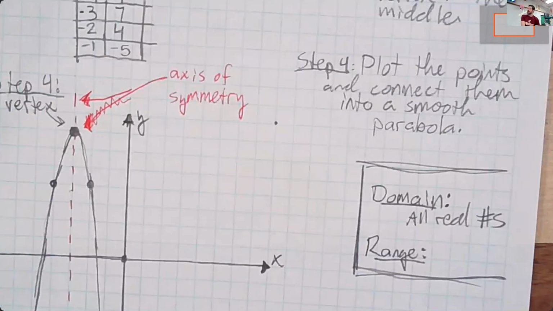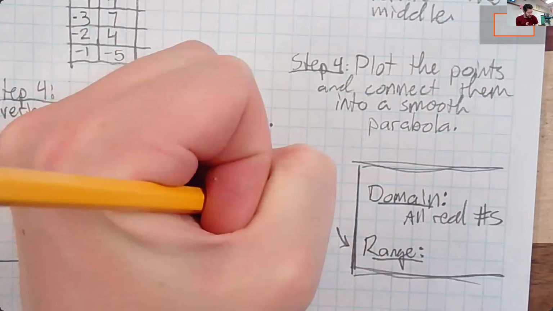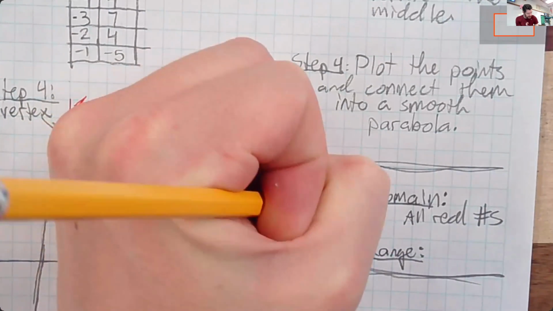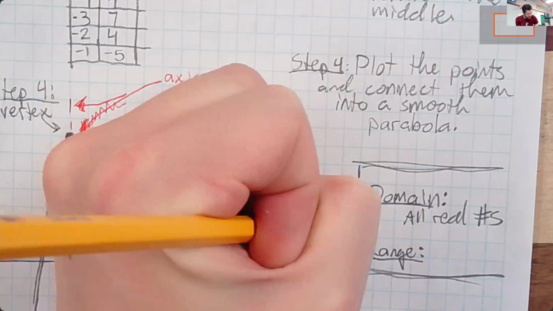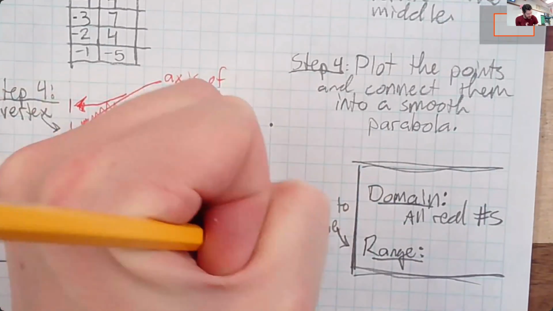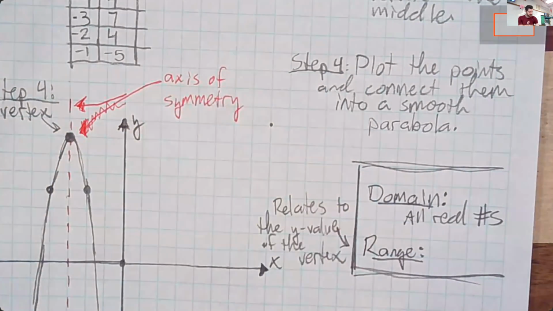the range, I'm going to put a little arrow and say relates to the y value of the vertex. The range relates to the y value of the vertex. What is the y value of our vertex?